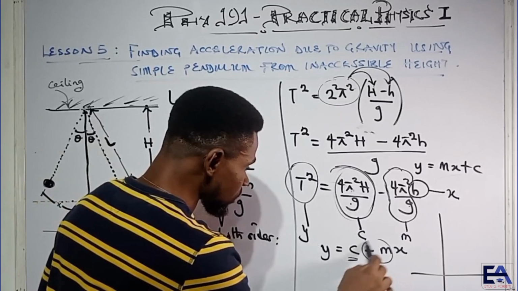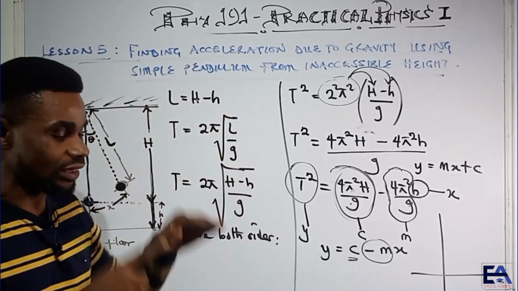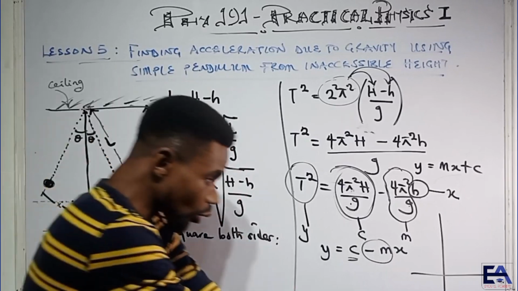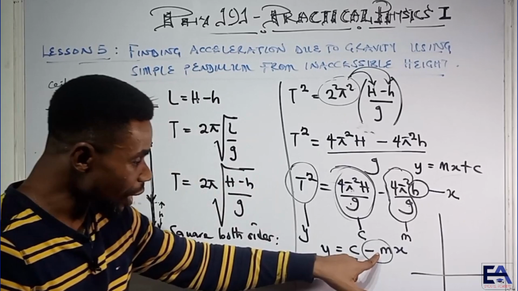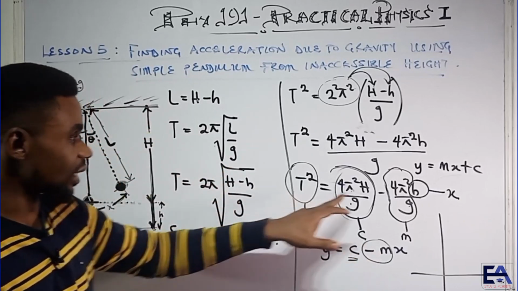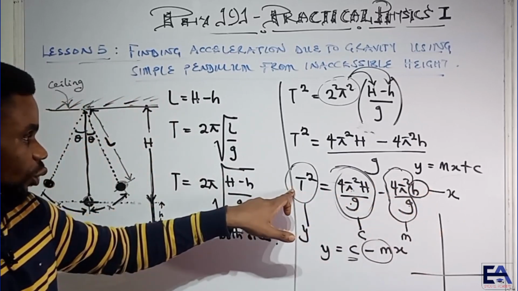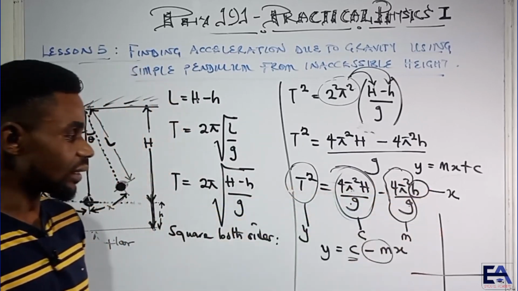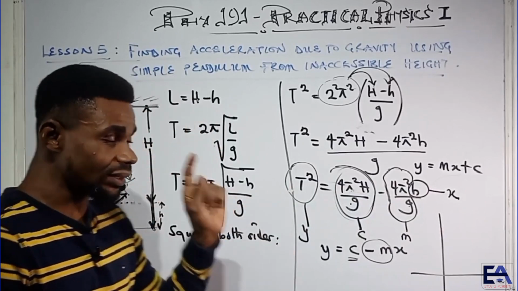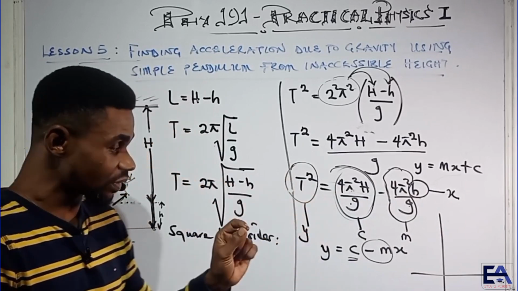Having a negative slope means the graph slopes downward, from up towards the down direction. So the graph of t squared against h is a graph with negative slope. It slopes downward. It has an intercept on the y-axis, and it's a positive intercept.